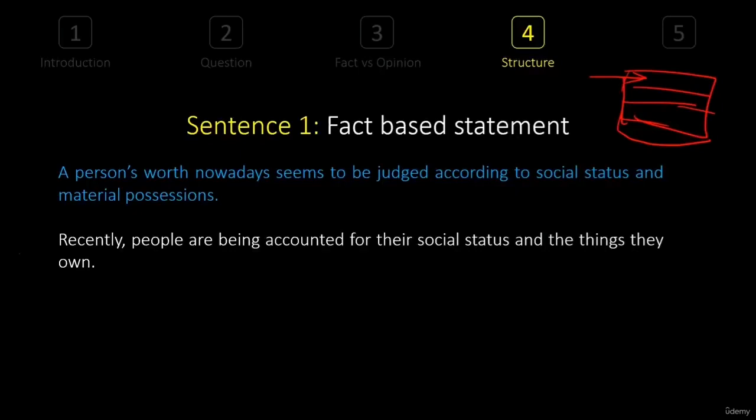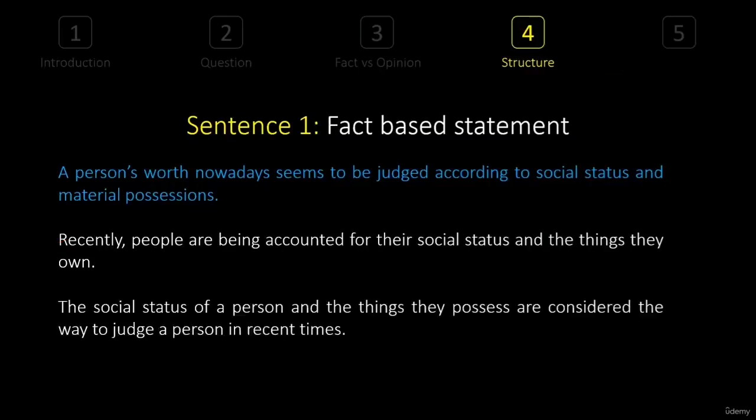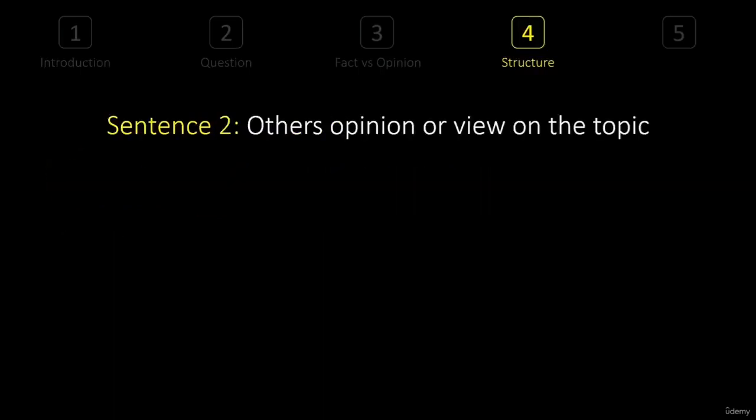I just paraphrased the same thing, trying to make it look as if I'm introducing the fact, not the whole essay. Or: the social status of a person and the things they possess are considered the way to judge a person in recent times. I'm trying to write this part, which is the fact, in a different way. That's it. This is also called paraphrase. I hope you understand, right?